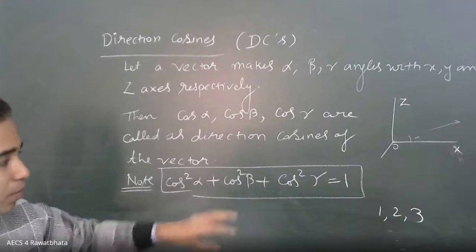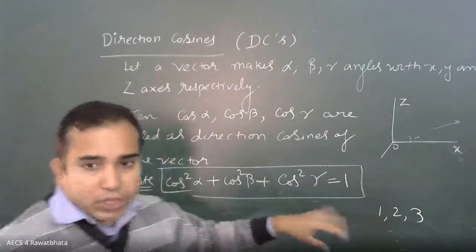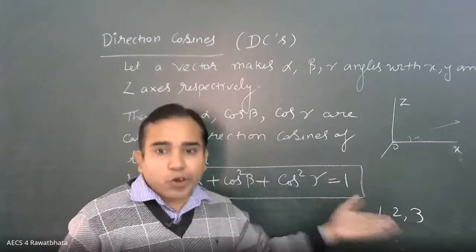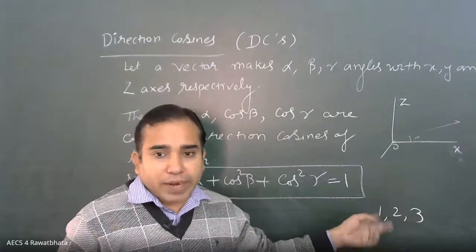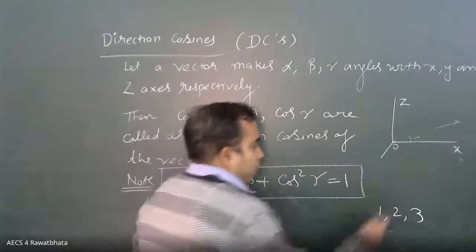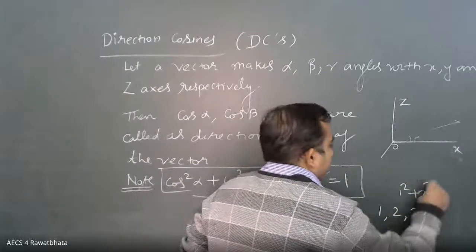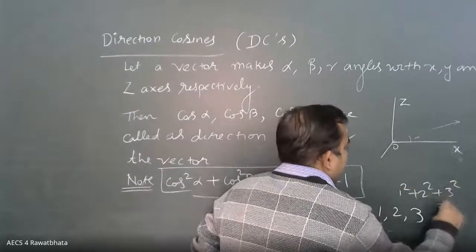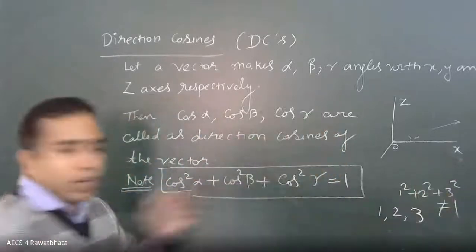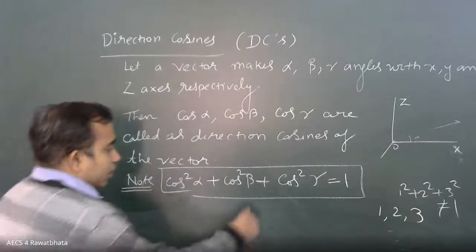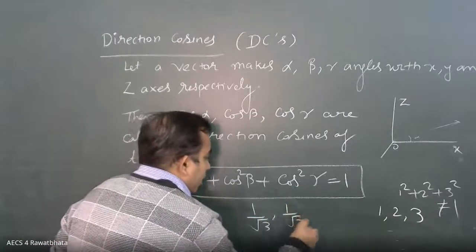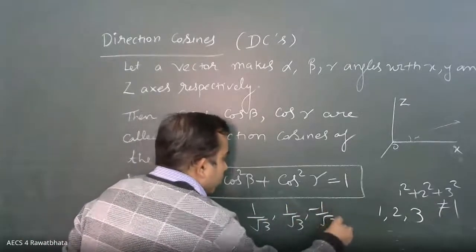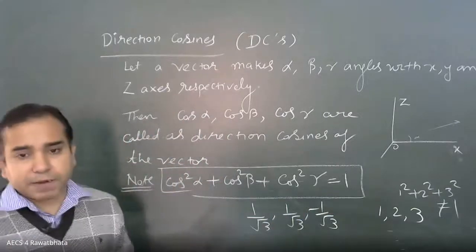Can they represent some direction cosines of some vector? No, they cannot. Why? Because if you find sum of their square, it will not be 1. It will never be equal to 1. So this cannot be DCs. But if you take 1 upon root 3, 1 upon root 3 and minus 1 upon root 3, can they be DCs of some line, some vector?